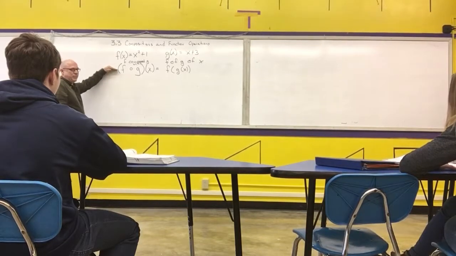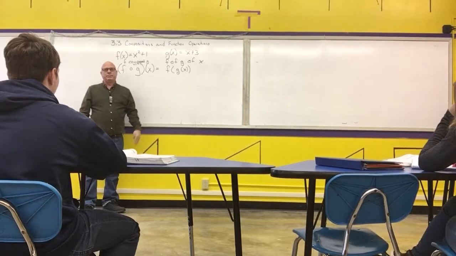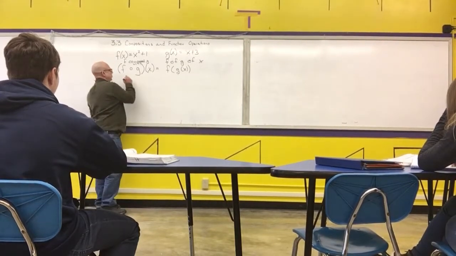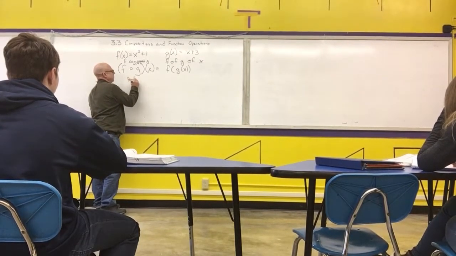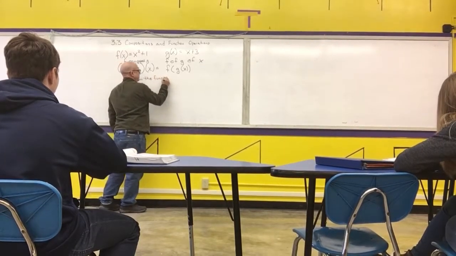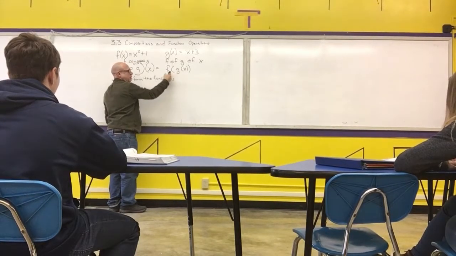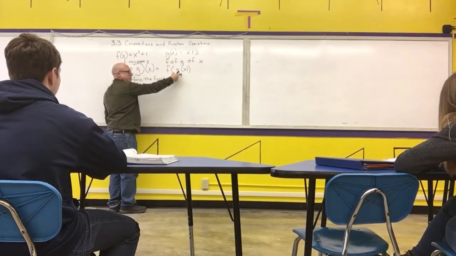If I see it in this form, the first thing I do is write it in this form, because this tells me what to do. This tells me to perform the functions. Which function am I going to perform first here, f or g? G, because it's inside the parentheses.